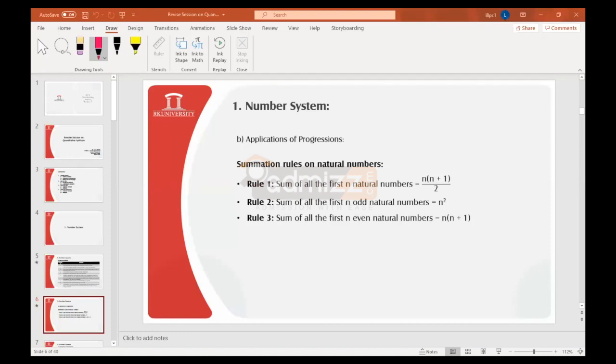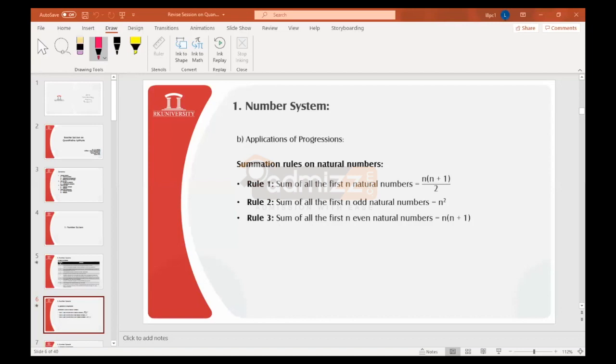Now you can see the difference: 4 minus 2 is 2, 6 minus 4 is 2, 8 minus 6 is 2. This is called the common difference. So this sequence is called an arithmetic progression.